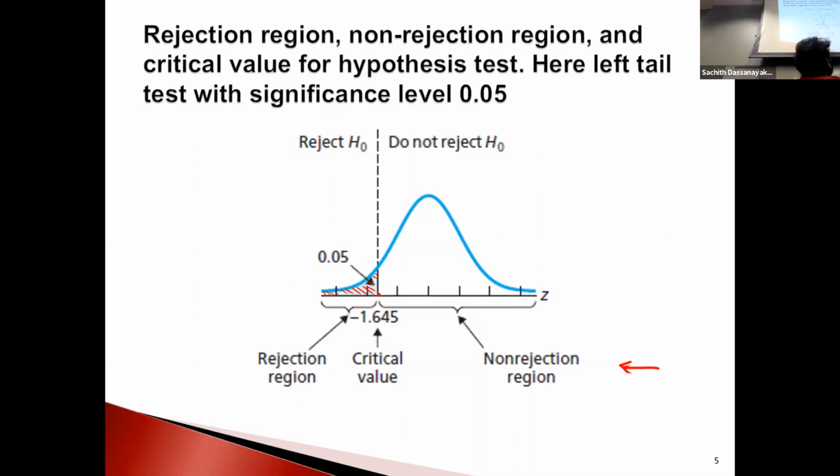That we call the critical value. And this is my rejection region area, 0.05, because under the curve we are measuring an area or probability. Whatever falls in this rejection area, we reject H0.